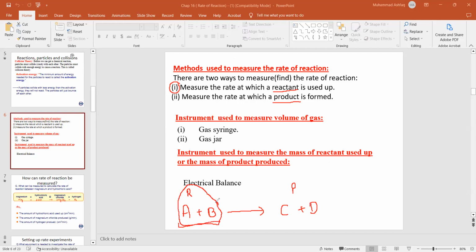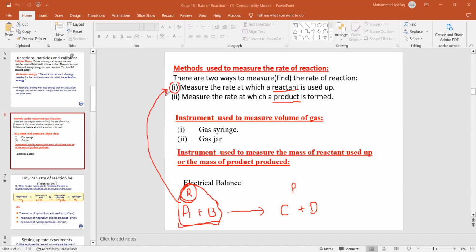Okay, you know very well, I already gave you many examples, like if you want to know how many sandwiches you can make, you can easily count the amount of patties or toast or the burger that you used. So in the first situation you can measure the amount of reactant that is used up.